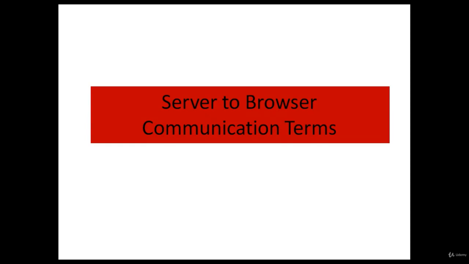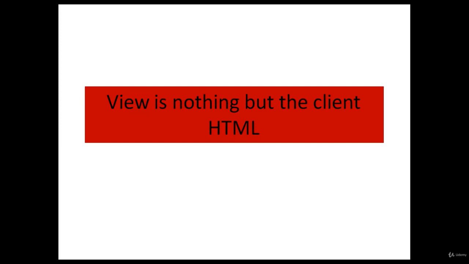The controller is the place where the application behavior is defined. The scope will get injected into each controller. View is nothing but the client HTML to which the behaviors and data are applied.